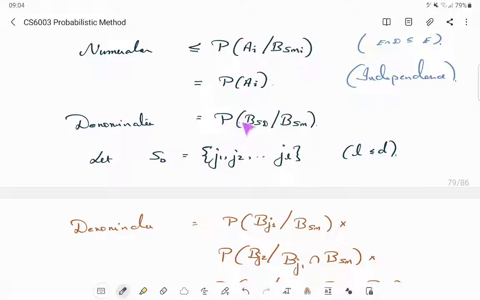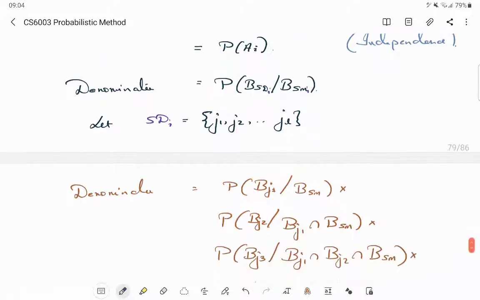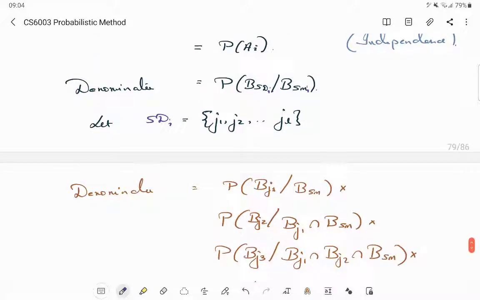The denominator is P of BSDI given BSMI. Let's say this SDI is some J1, J2 up to some JL. This is the list of subscripts for the events on which AI may depend. Now the denominator is an intersection of events, in a conditional world, but even in the conditional world, this applies.